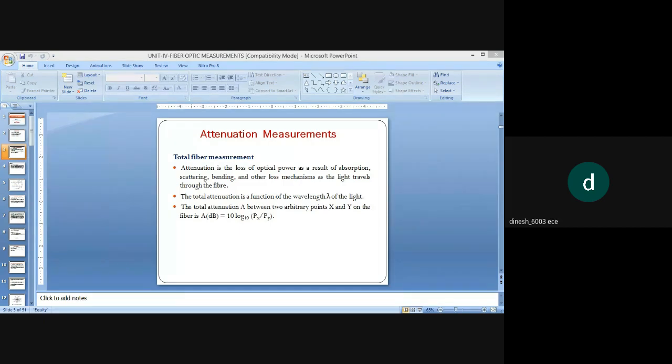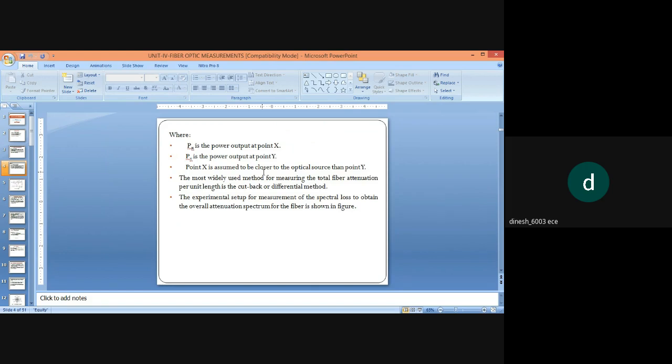The total attenuation between points x and y in the fiber can be given as attenuation A equal to 10 log to the base 10 of Px by Py between those 2 points, where Px is the power output at point x and Py is the power output at point y. Point x is assumed to be closer to the optical source than point y.